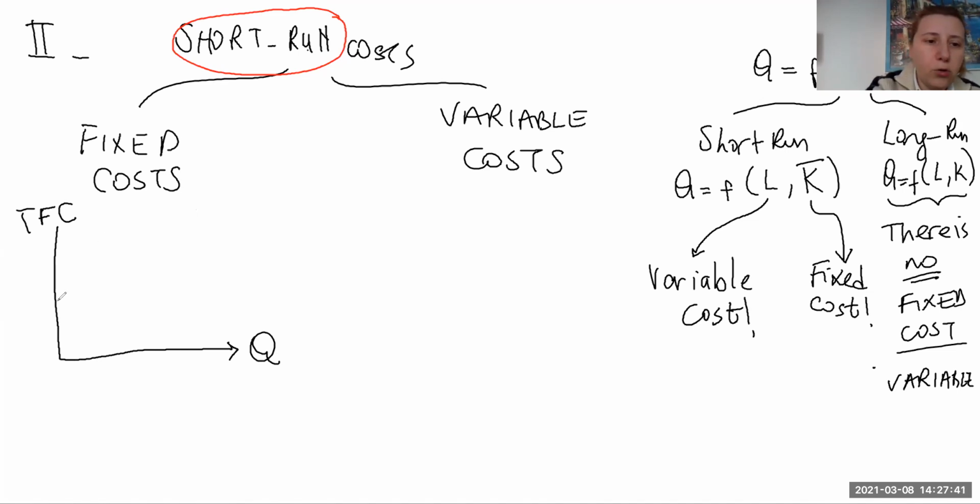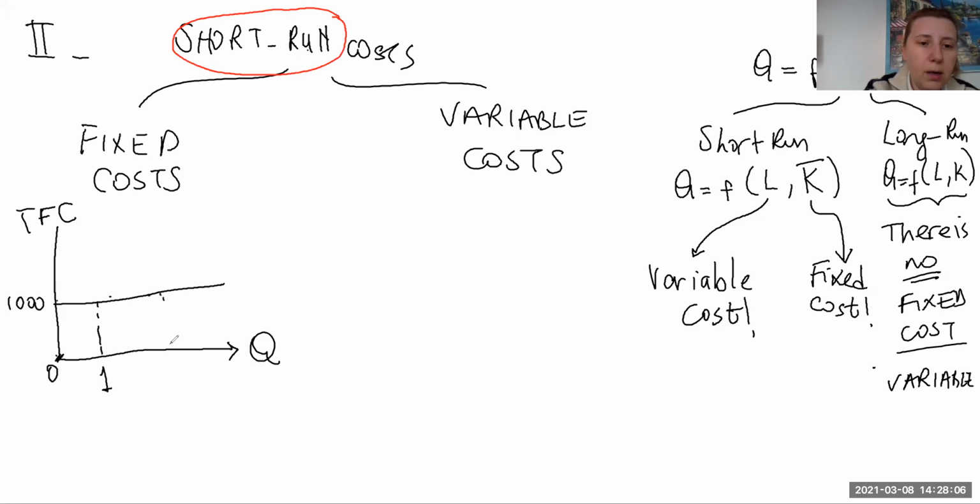The fixed costs are independent from the level of output, which means that we have a fixed amount of these costs for zero output. Let's say it's 1,000 Turkish lira. If you are producing 1 unit, you still have 1,000.